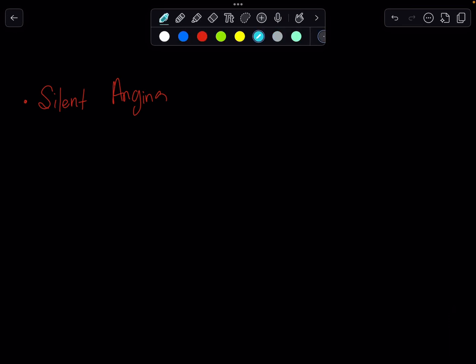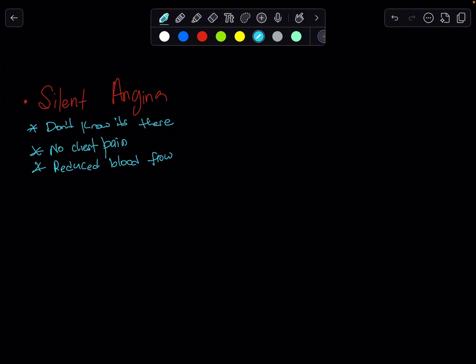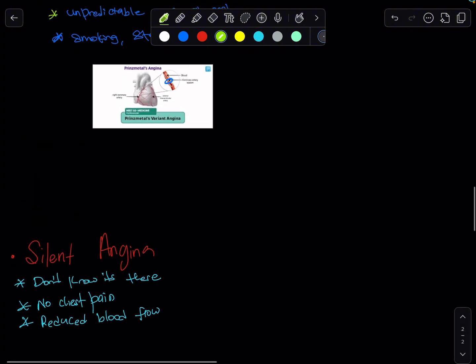So what I'm going to define it as is you just don't know it's happening. You don't know it's there. Why? Because it's silent and because there's no chest pain. But there's still reduced blood flow, just no chest pain because you don't know. It doesn't want to alert you, so there's no chest pain. When does it happen?